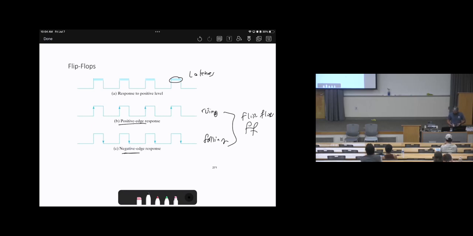Since latches are updated during the on time, this makes them undesired or less likely to be used. Therefore, in real life we have flip-flops more than latches. Latches can be used again if the enable, or the gate, or the clock is not the clock that we see, the tick-tock clock.